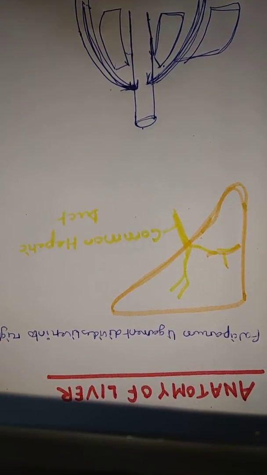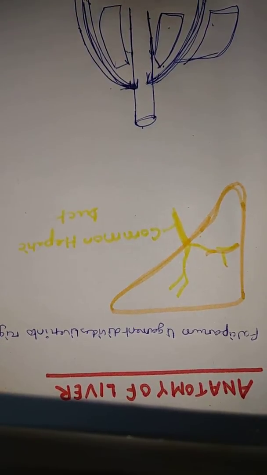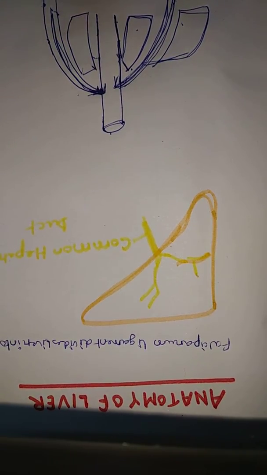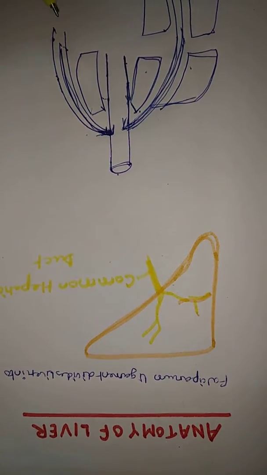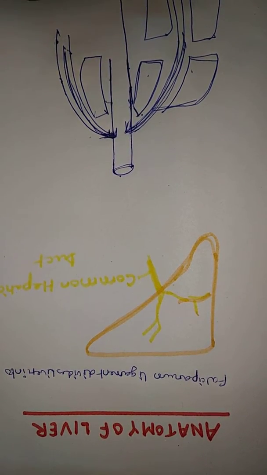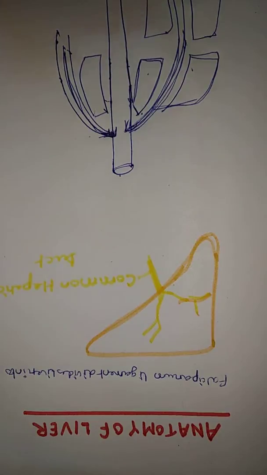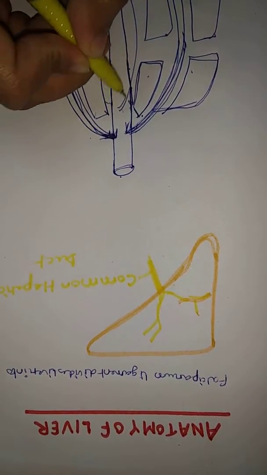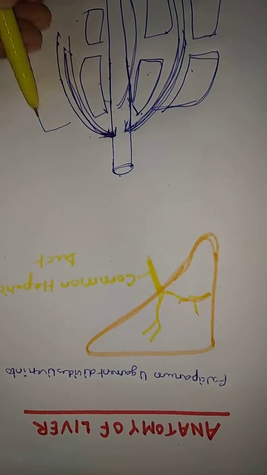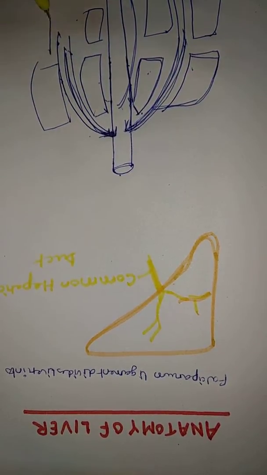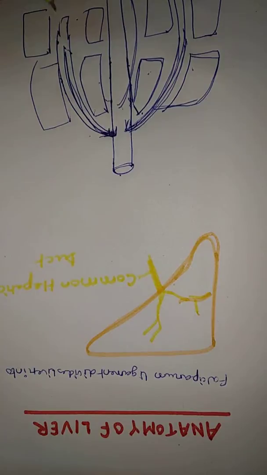So here you can see 1, 2, 3, 4. Here is another branch, 1, 2, 3, 4, 5, 6.